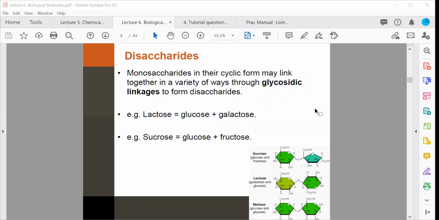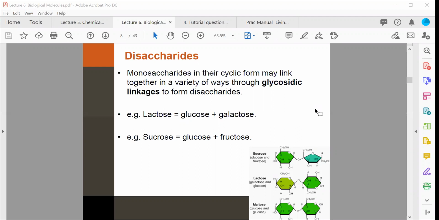All right, it's time. Let's get back to work. So we've looked at monosaccharides. Now our second broad class of carbohydrates are the disaccharides. As the name implies, di means two monosaccharides are joined together.